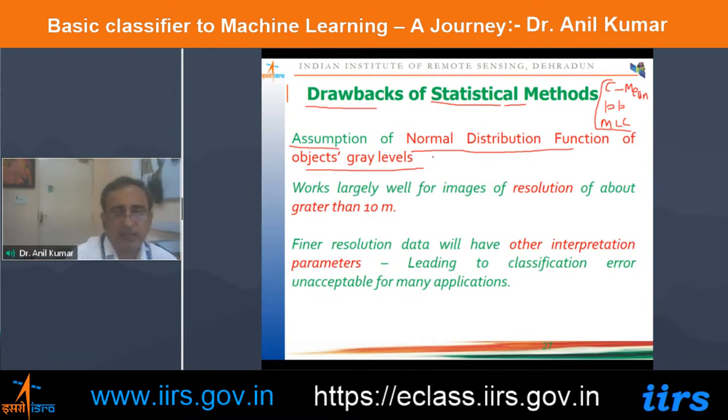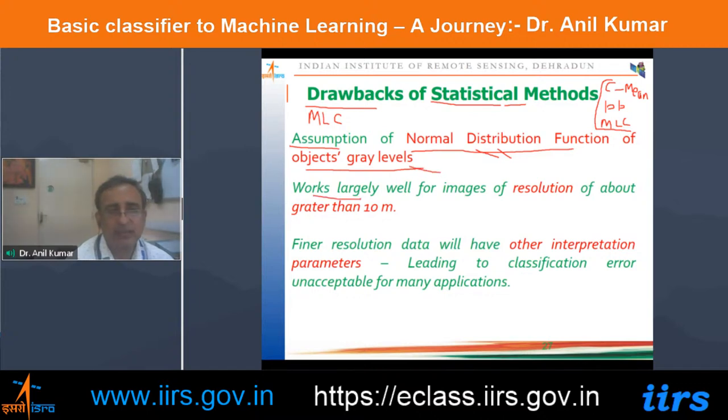Pixel information is basically color information that the algorithms were using. So if you talk about MLC, maximum likelihood, which was a statistical algorithm, it has an assumption that all the input data should be normally distributed function of objects using the gray levels.